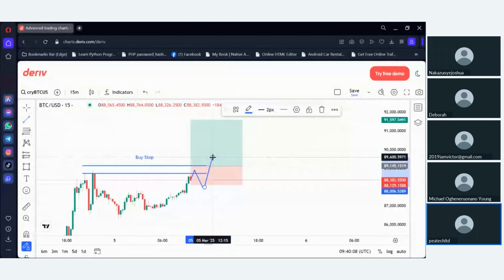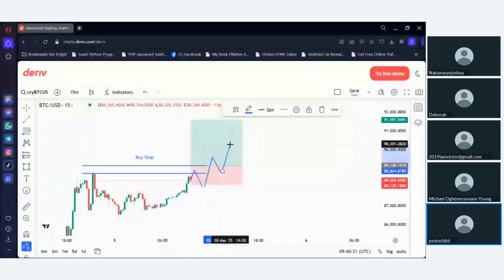So if the market should still come down like this, if it should touch this point, then you will lose your money, right? But as long as it does not touch, and maybe it retraces back a bit like this and goes up and comes down again, and then boom, yes, this one, you have made a profit from the market. I hope you understand now.